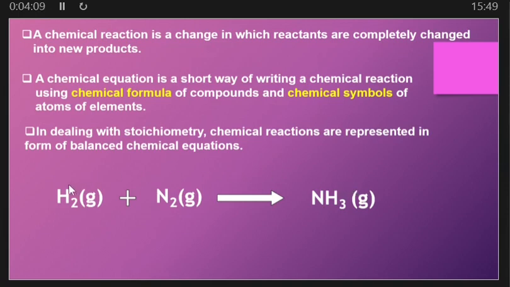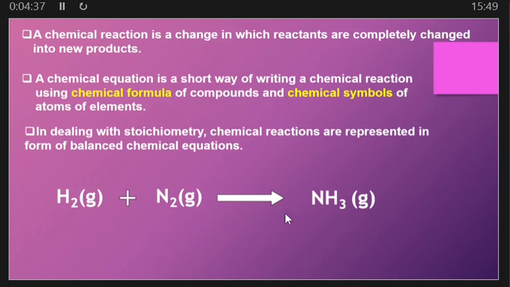So here we have 2 atoms of hydrogen, while on the right side we have 3 atoms of hydrogen, not balanced. Also, we have 2 atoms of nitrogen and 1 atom of nitrogen on the right side, not balanced.